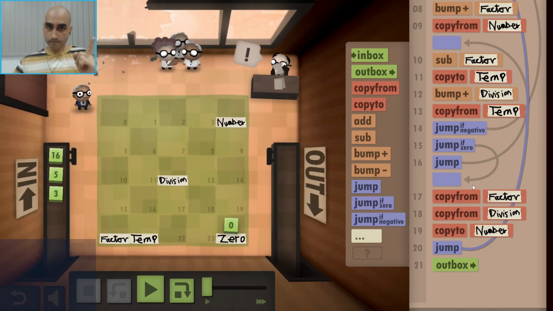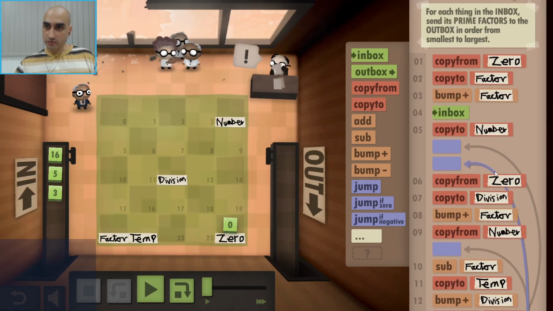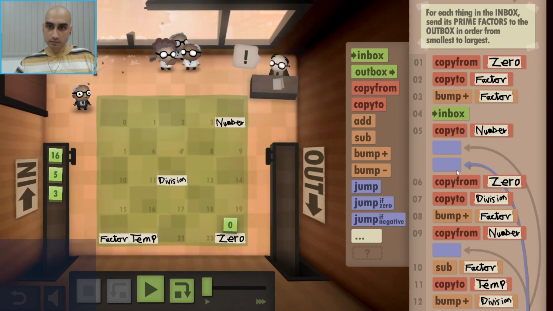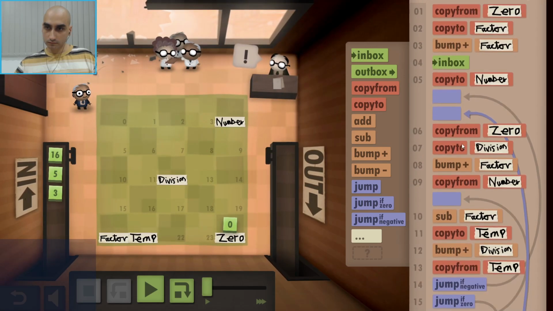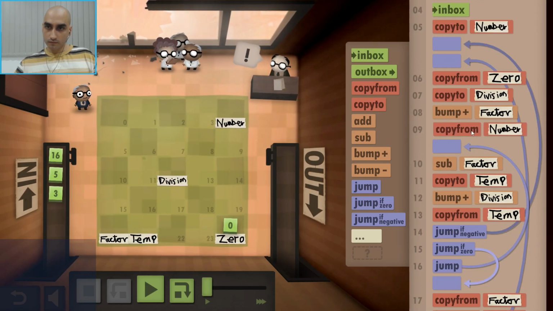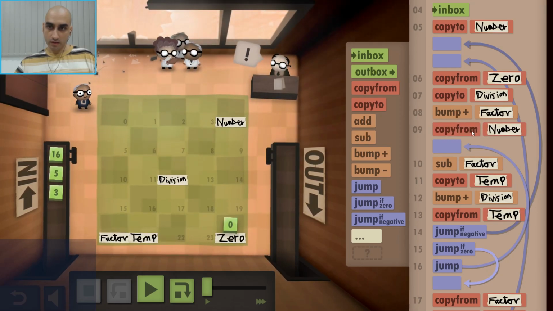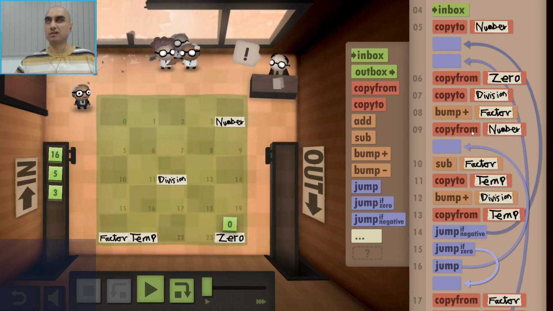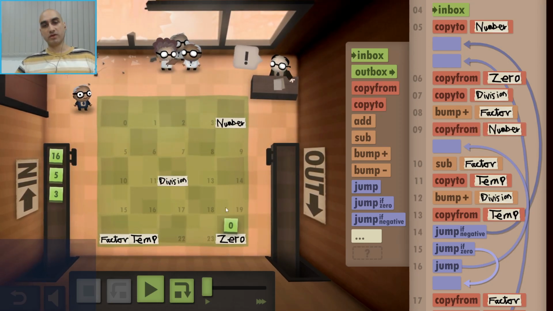All right, but this goes on forever. When do we stop? We stop when number is 1. So here, after we pick up number, we look at it. If it's 1, how do you compare with 1? All right, we need a 1.